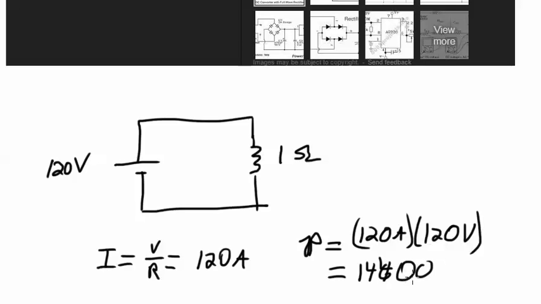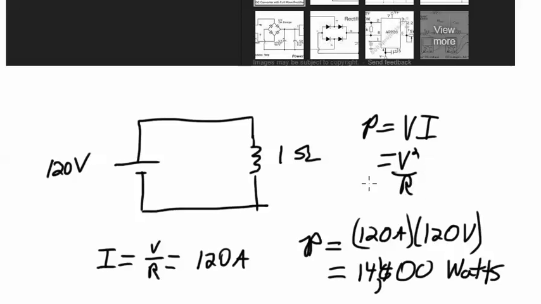Then I'll put two zeros on that. That's going to produce 14,400 watts of energy. In fact, you can simplify this into a formula that goes power equals VI equals V squared over R. Since I is V over R, you can just say power is V squared over R.